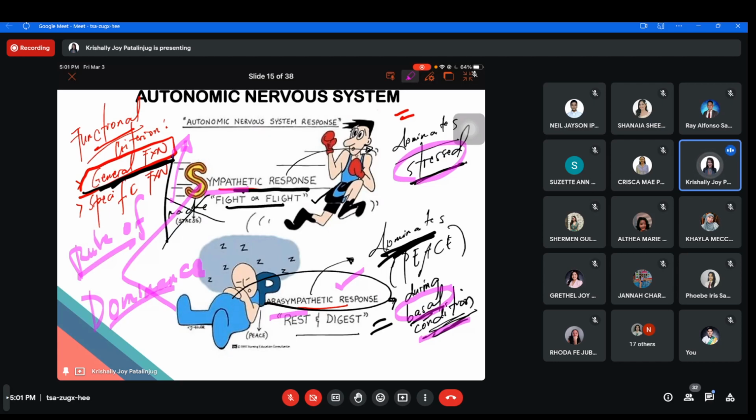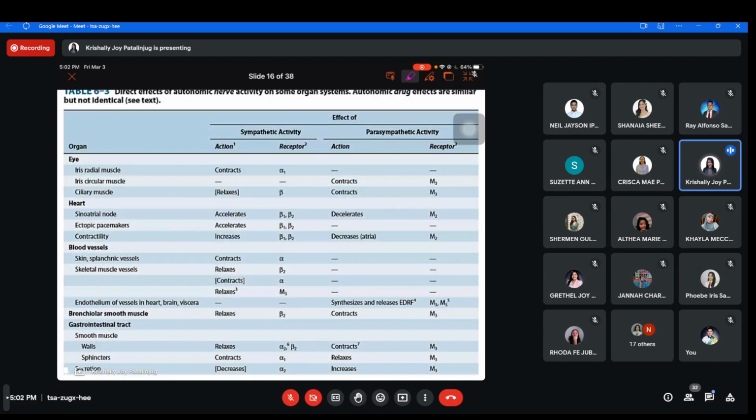Active silang dalawa, meron lang dominating, depende sa sitwasyon, if it is stressful situations or if it is basal condition. Okay, so I hope you understand that. Sige, let us proceed. So that's for general function.